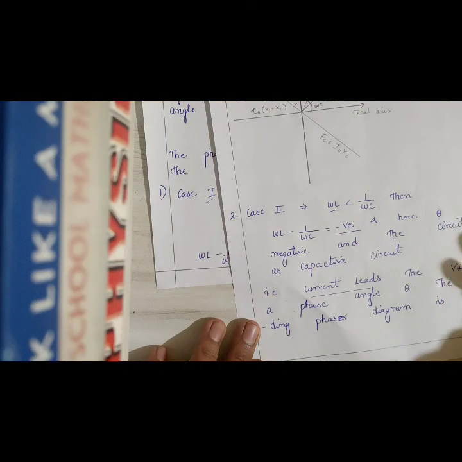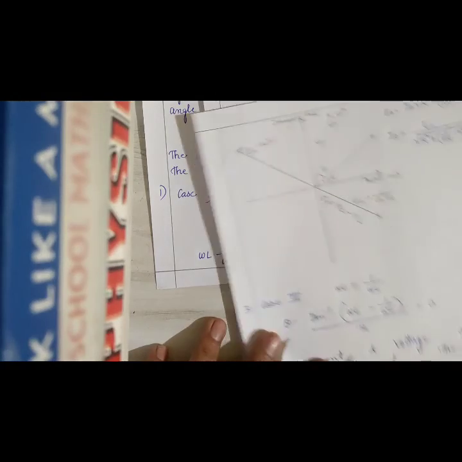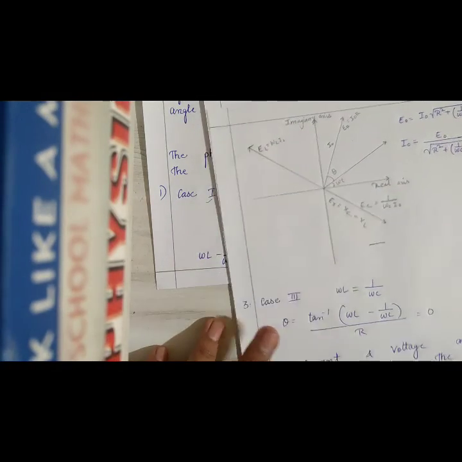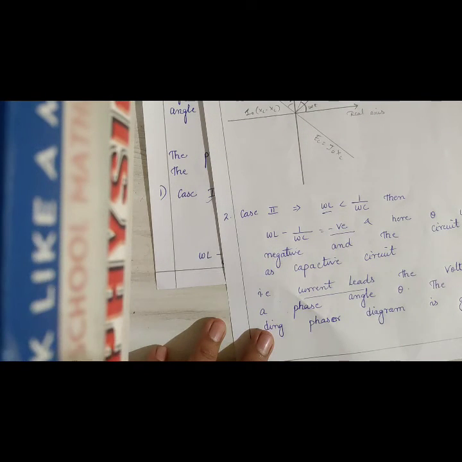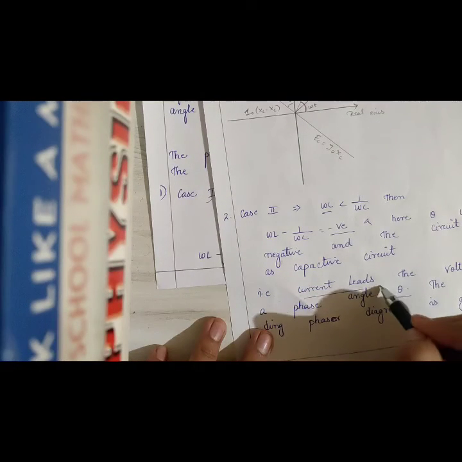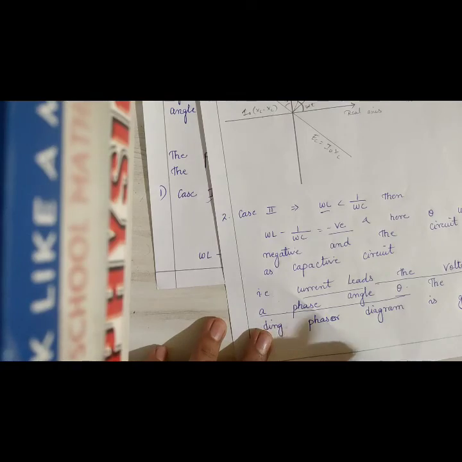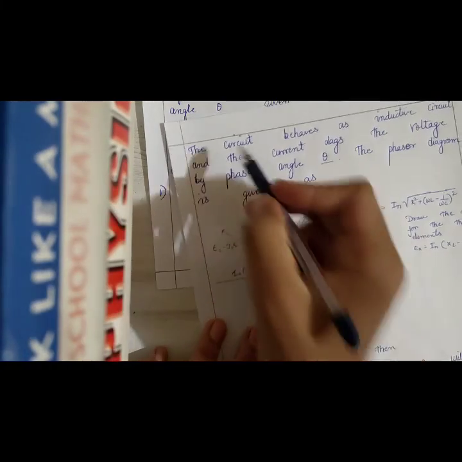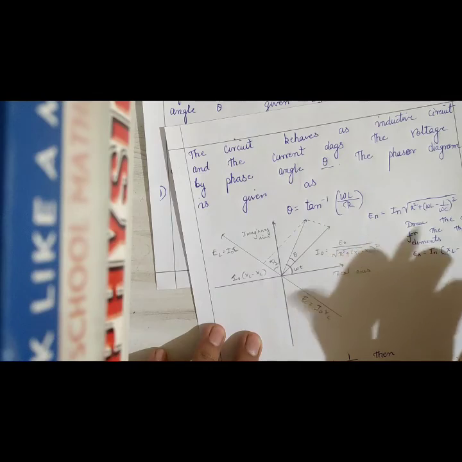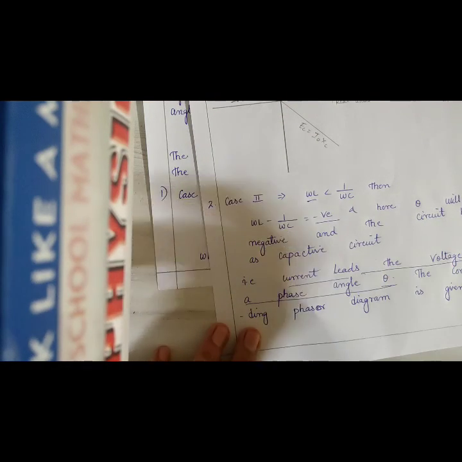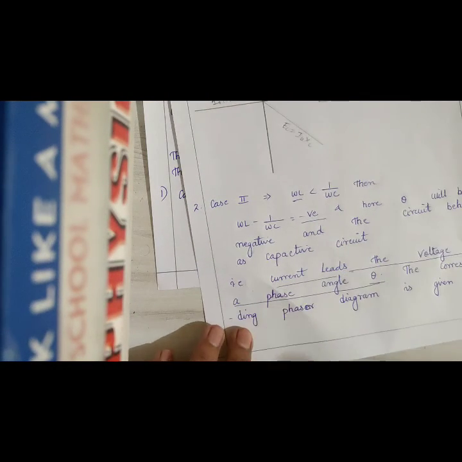The corresponding phasor diagram is given by this one. In the first case, the circuit behaves as an inductive circuit and the current lags the voltage by phase angle theta, and this is exactly opposite, that is the current leads the voltage by a phase angle theta.